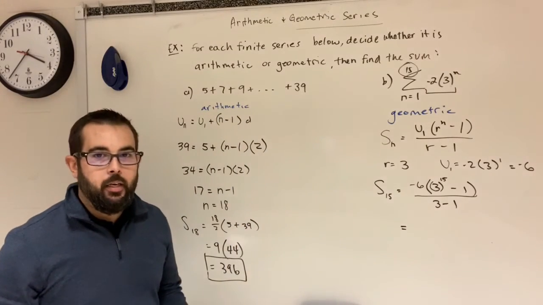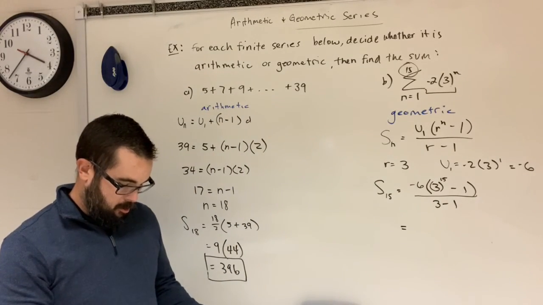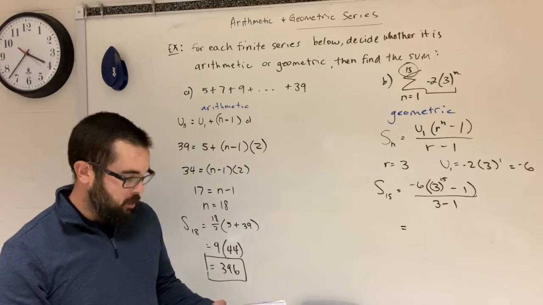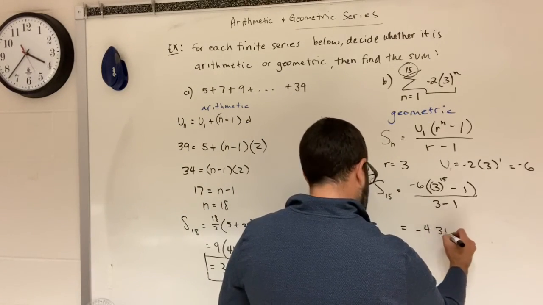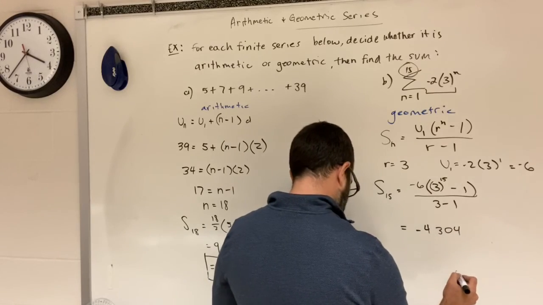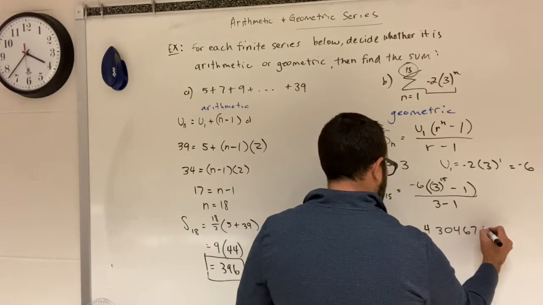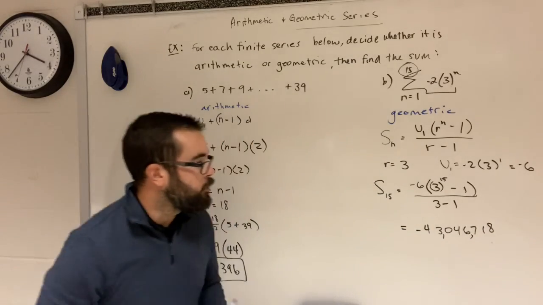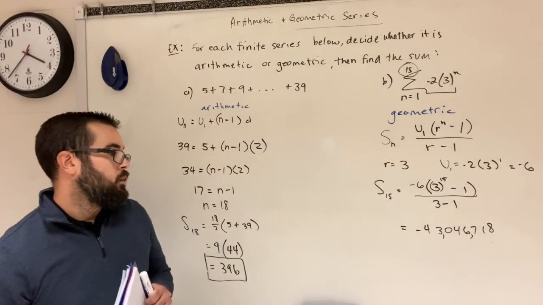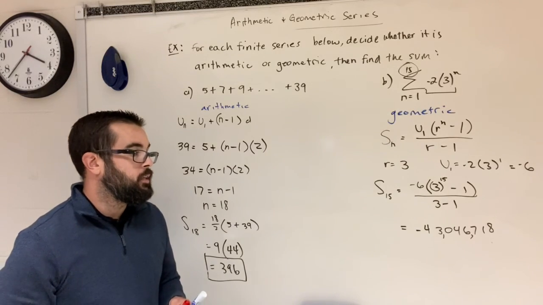Which again, that's a big number. So I did that in the calculator, and I came out with negative 43,046,718.